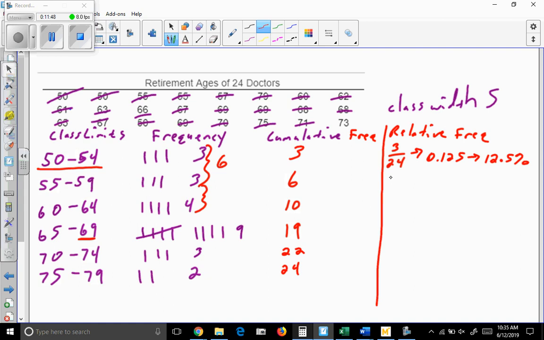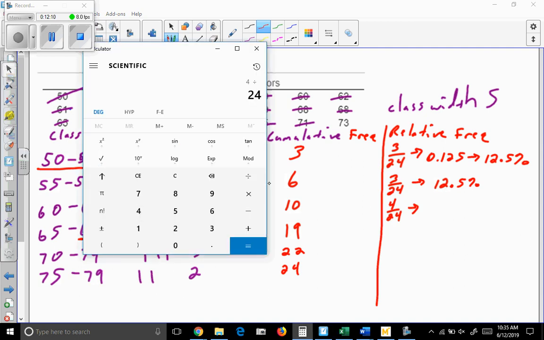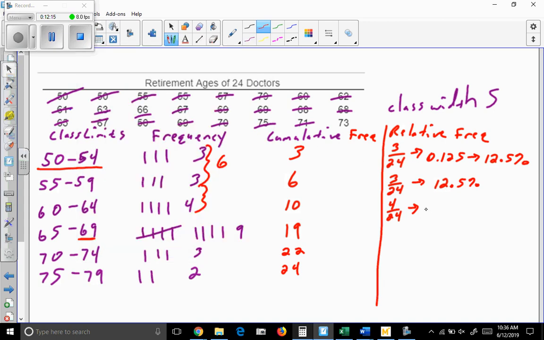In the next category, we also have 3 points out of a total of 24. That's the same number of points, so it's going to have the same relative frequency. The next category has 4 items out of the 24. So 4 out of 24 is 0.1667, or as a percent, 16.7%.